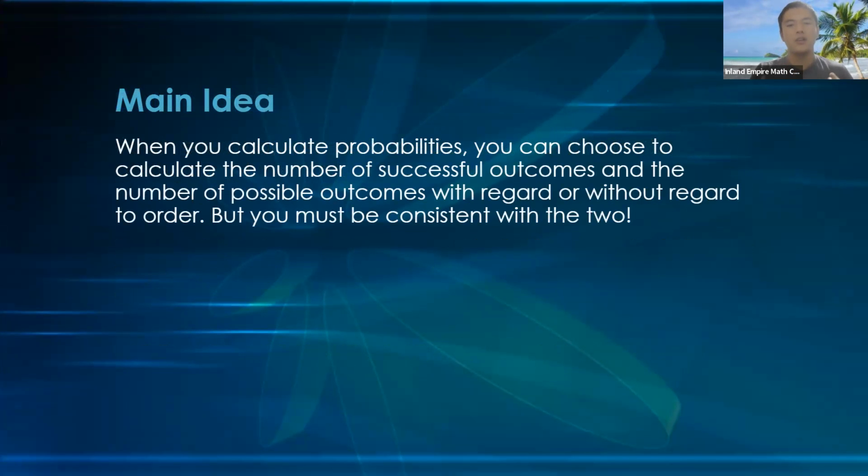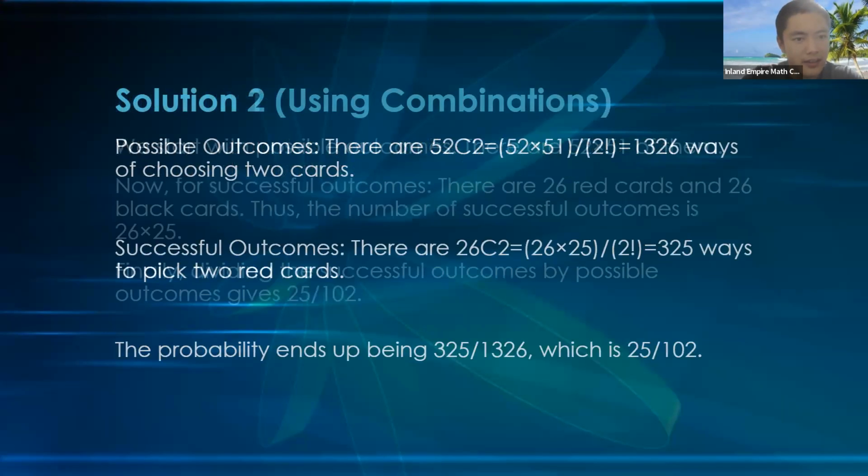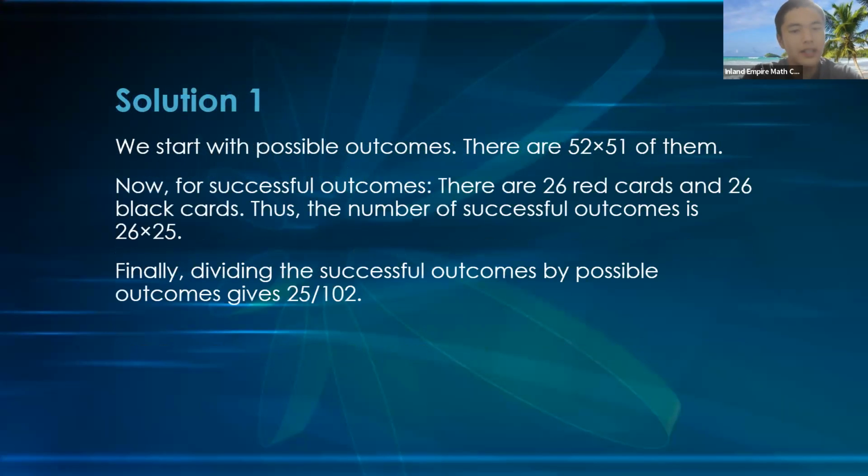All right, so if you noticed, in these 2 solutions, the only difference is that in solution 1, the order matters. The way we're calculating this is that we're choosing the first card first and then choosing the second card.